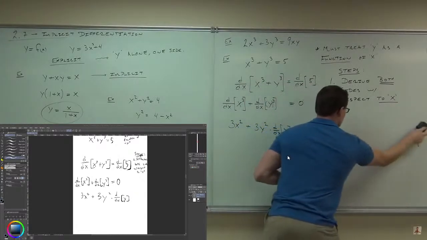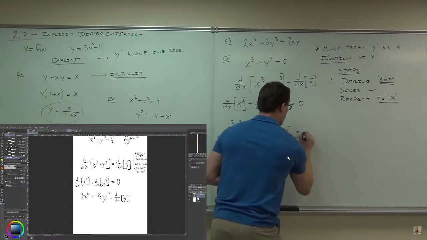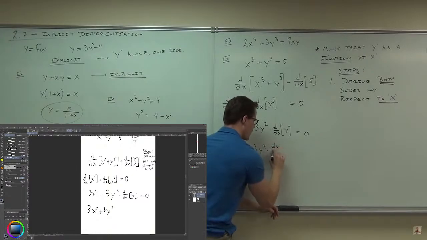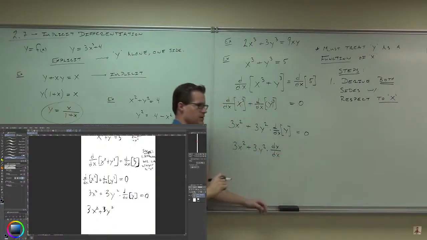The derivative of y with respect to x. That's weird. This says the derivative of y with respect to x, but then so does this. The derivative of y with respect to x. Doesn't that say the same thing here?